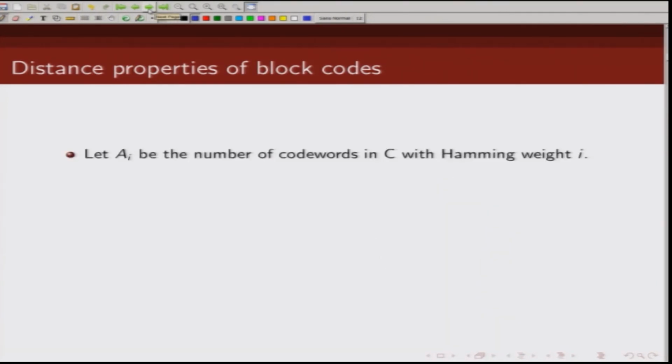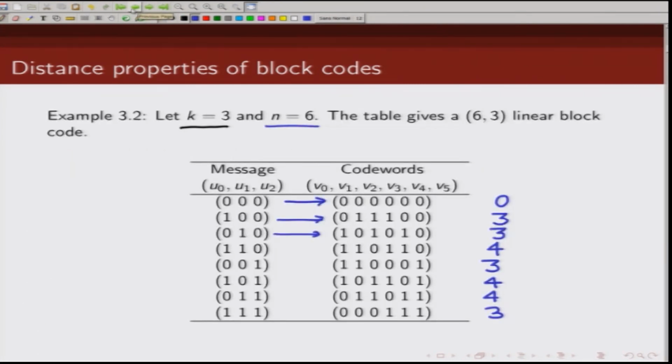Let A_i denote the number of code words in C with Hamming weight i. If you look here, I will use A0 to denote the number of code words which have Hamming weight 0, and that number is 1.